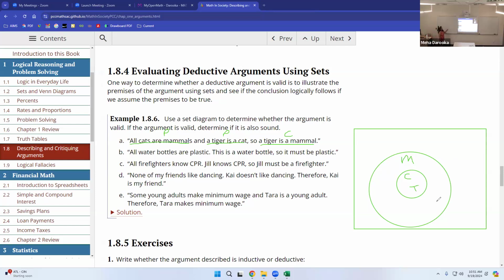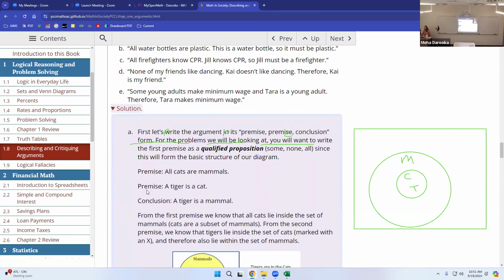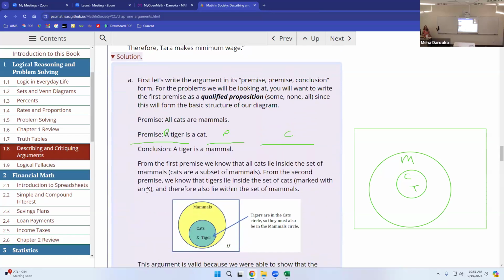So then, can we say a tiger is a mammal, based on the Venn diagram? Yeah. I was almost worried that I did this incorrectly and was going to lead you down the wrong path. But yeah.